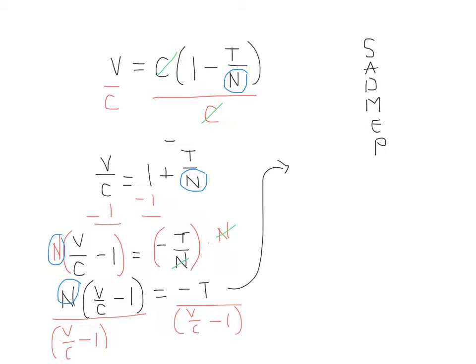That will allow us to cancel the v over c minus 1 over here that's with the n, and now notice n is alone. And what we end up with then is that n is equal to opposite of t all over v over c minus 1. That is a perfect stopping point because we do in fact have n all by itself.